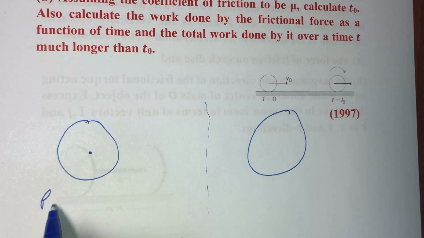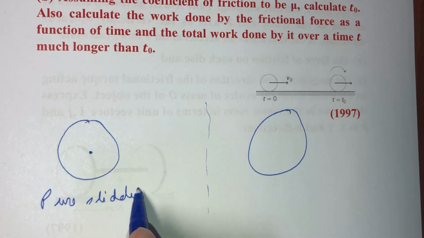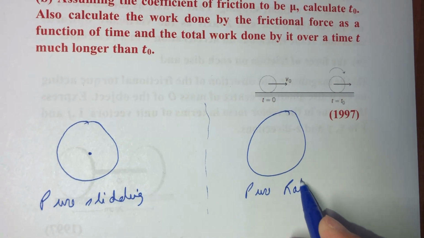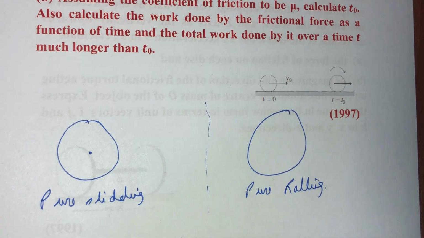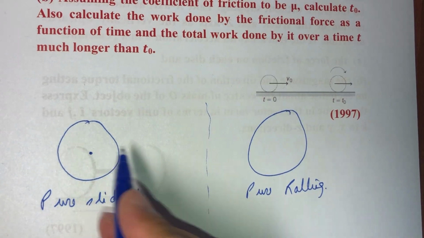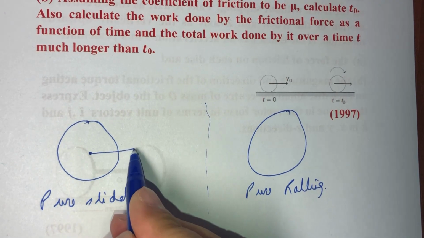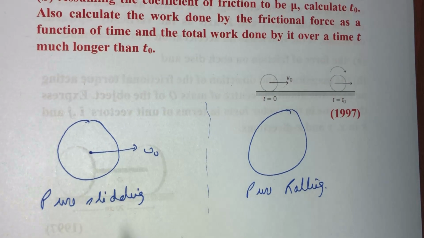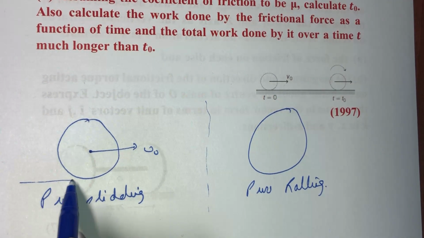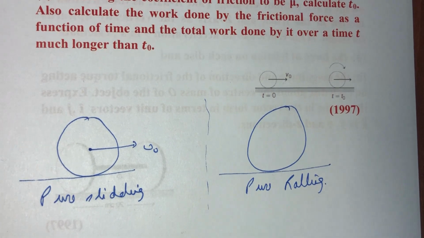So this is pure sliding and this is pure rolling, and in case of sliding it is given an initial horizontal velocity of v0. So this is the velocity v0, and suppose this is the surface on which it is sliding or rolling.